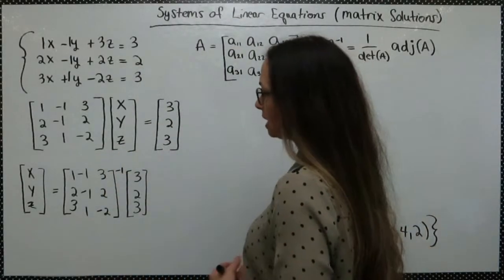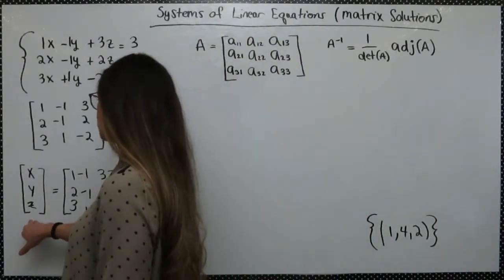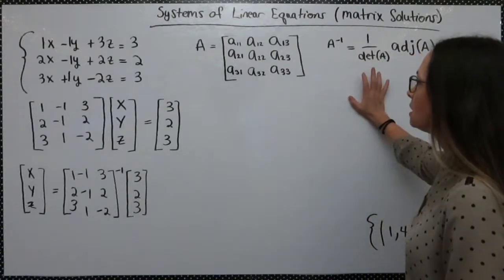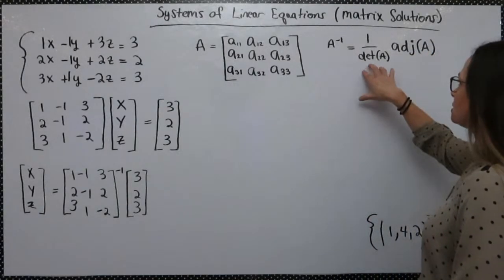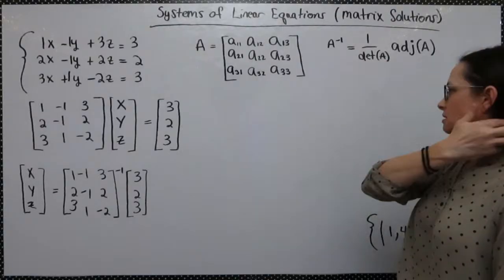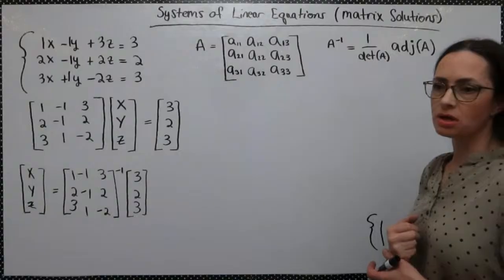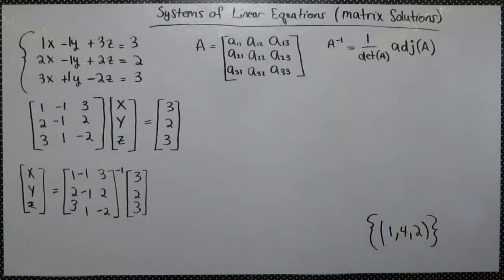So we have to find the inverse in order to solve. That's where this formula comes in. What I'm going to do is first calculate the determinant. The determinant of a 3 by 3 is the same process as the determinant of a 2 by 2, it's just more operations.